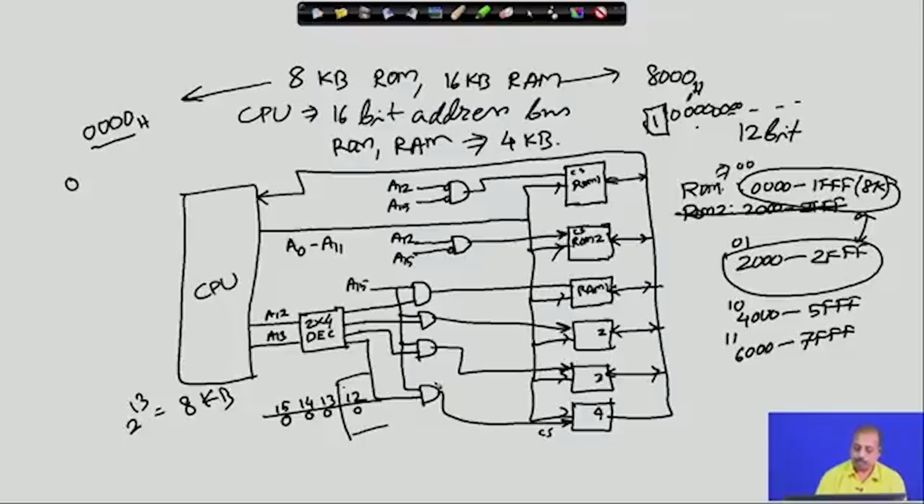So, we get the first address space, 0000, going up to the situation where these bits remain 0 but A12 is 1. When A12 is 0, it is selected by the first ROM; when A12 is 1, it is selected by the second ROM. That way it generates this whole address space.